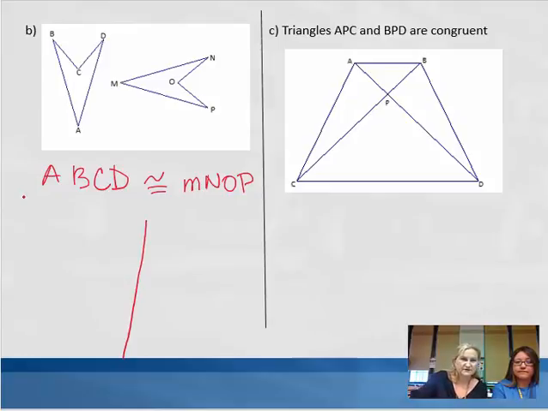So let's try to do the table. So I'll have angles on one side.